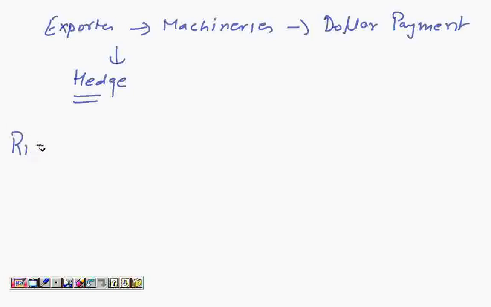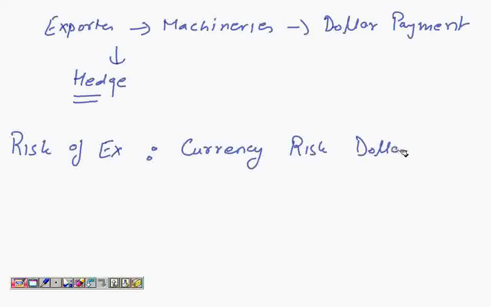So let's try and understand the risk of an exporter. For him, strictly, the currency risk would be depreciation of the dollar. Currency risk is dollar depreciation. Right. So this is his risk, because if the dollar depreciates, naturally his payments go down, and he has already supplied the machinery, so there's a possibility that he might incur losses.